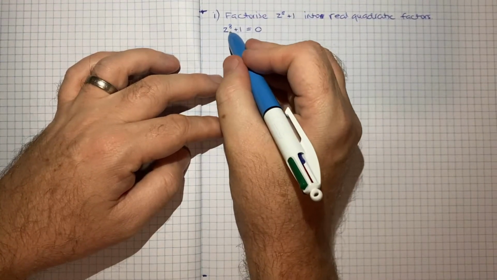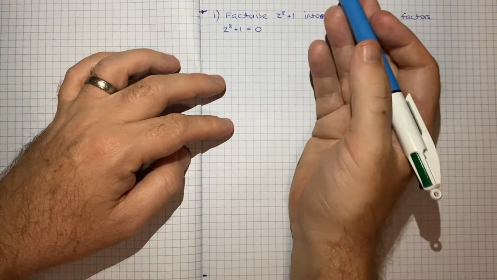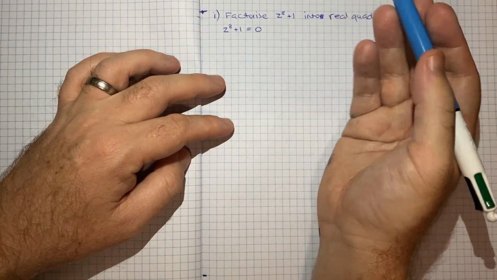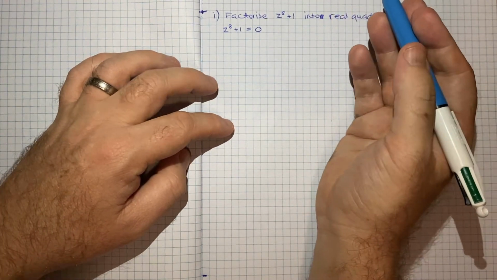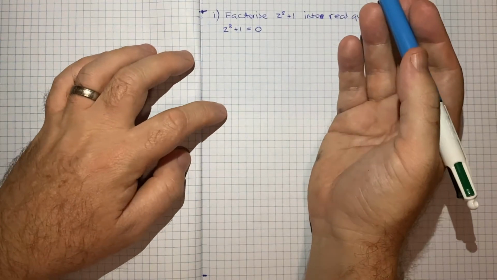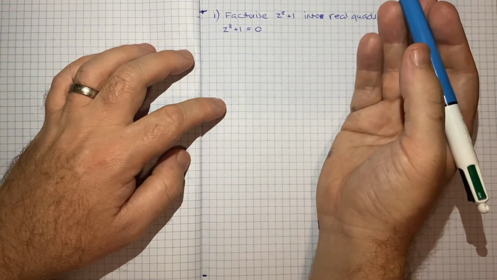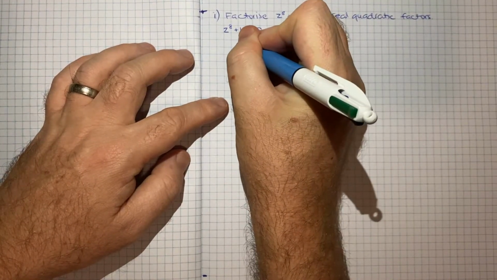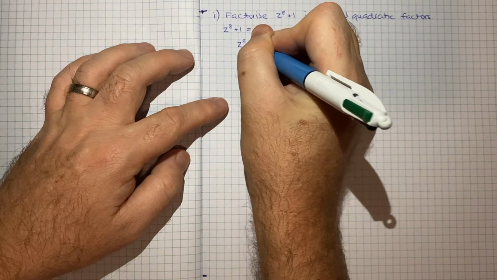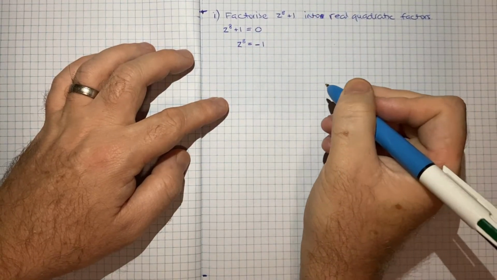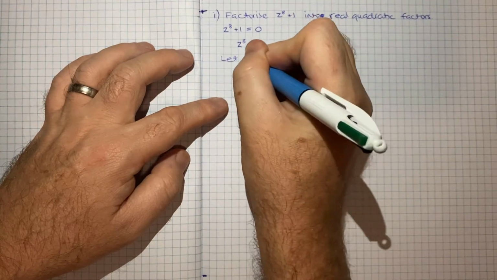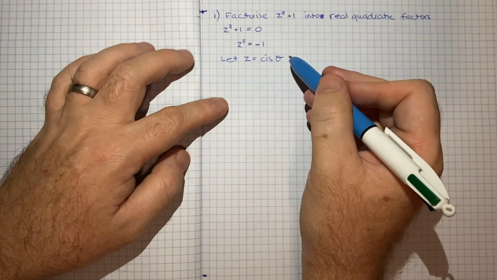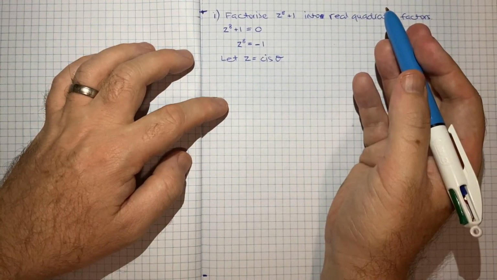Now what we've got here, z to the 8 plus 1, it's very similar to what we're used to with roots of unity questions, which would be normally z to the n minus 1 equals 0. So we're going to use a similar approach to what we do with those roots of unity questions, just with a slight different tweak, because really what we're doing now is we're finding all the solutions of z to the 8 equals negative 1, where in our case we would let z equal cis of theta, which is just shorthand for cos of theta plus i sine of theta.